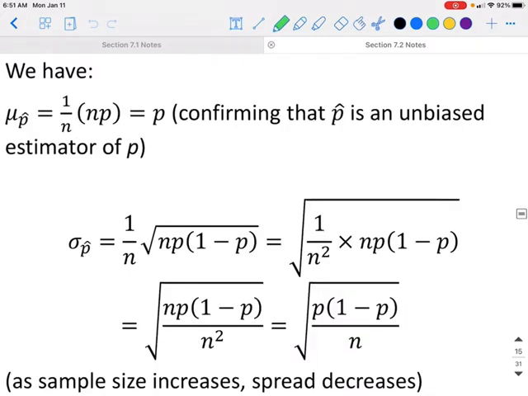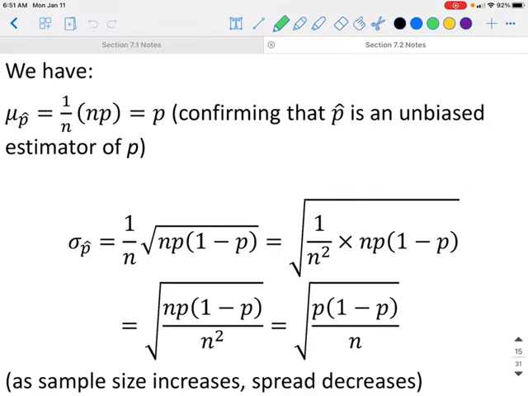So the mean of our p hats is 1 over n times the mean, which we know is n times p. The 1 over n and n cancel each other out, so we're just left with p, which confirms what we already thought, that p hat is an unbiased estimator of p.